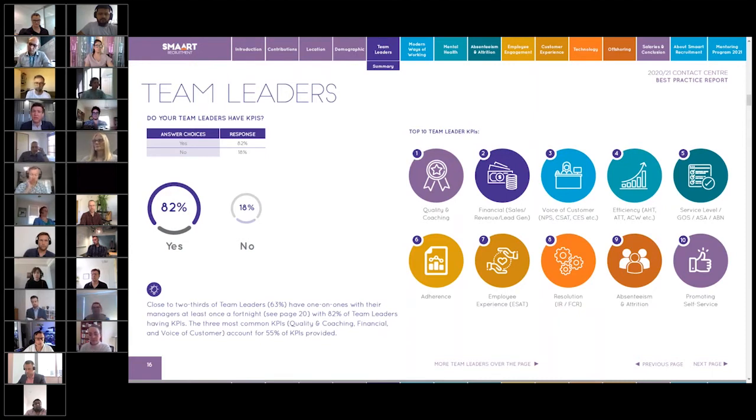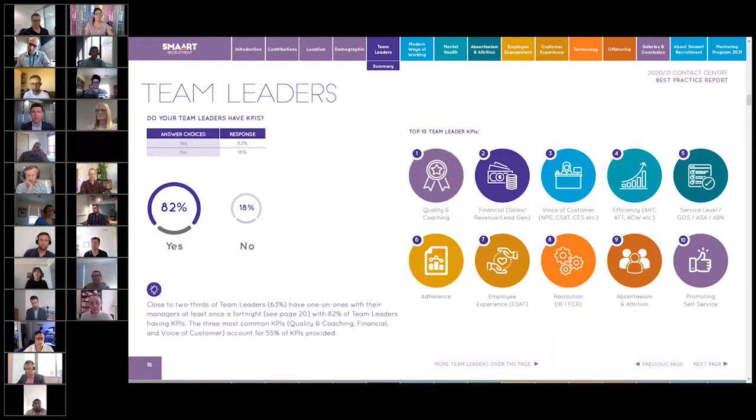It's also interesting that resolution, our ability to actually help customers and answer their questions, is 8th out of 10, when I would argue it's significantly more important not just to your operations, but to your customers than other metrics like adherence or service level. So a lot of data around KPIs.